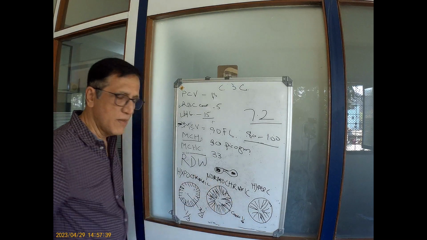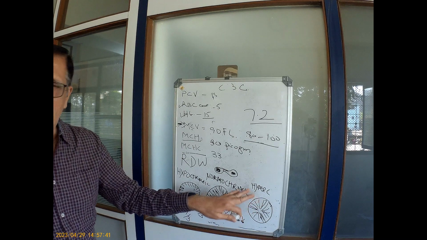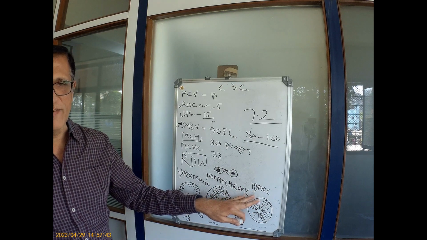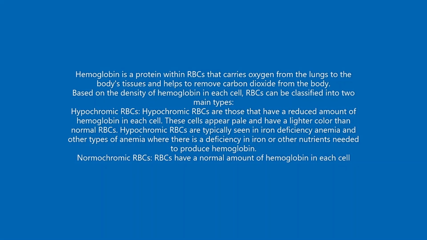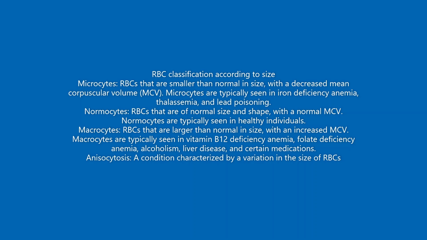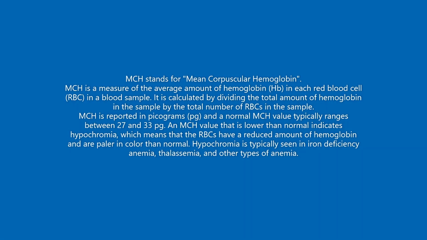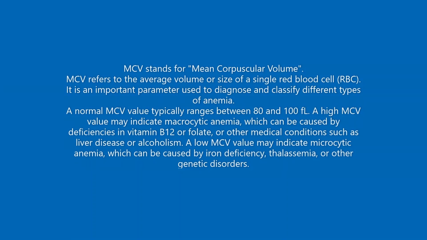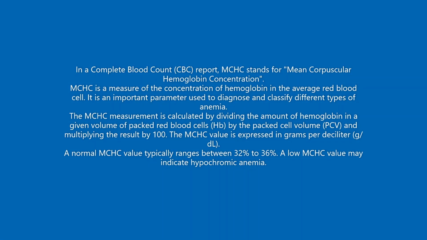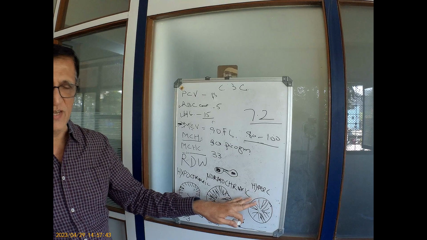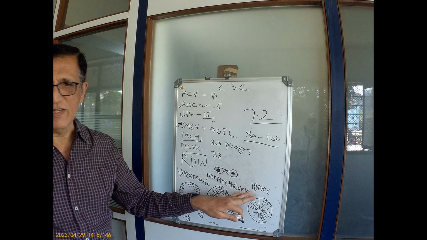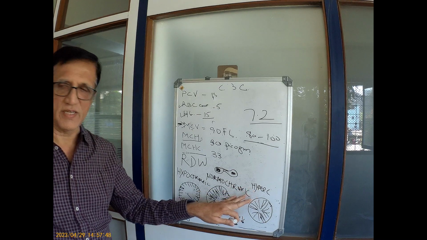One word about hyperchromic: it is a very hypothetical entity, though I have described it. It will occur in one condition called spherocytosis. We will describe that later.